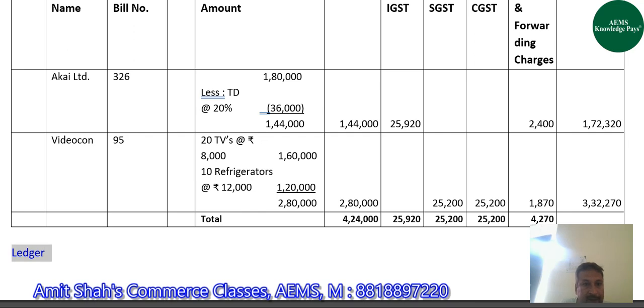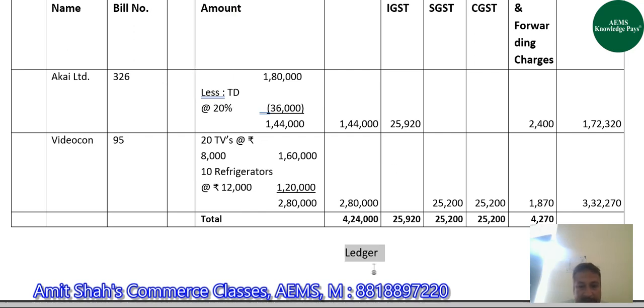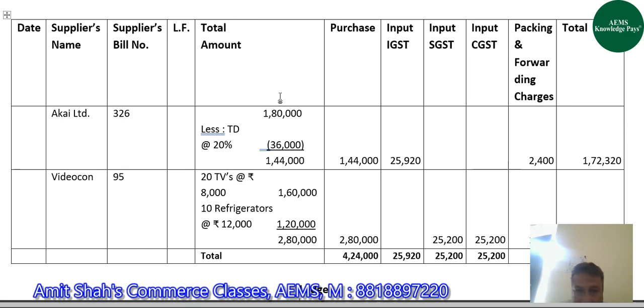Now what do we do in the ledger after recording the transaction in the purchase book? That also I'm explaining to you. Listen to me carefully, guys. After recording an individual transaction in the purchase book like this one, the accountant goes to the ledger and posts this in the ledger.